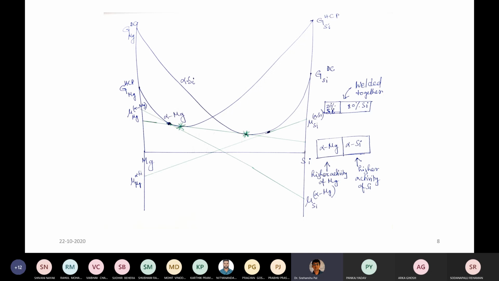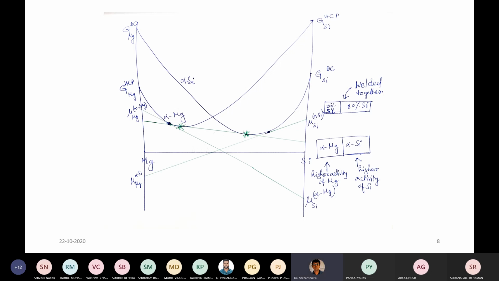On that common tangent, mu silicon in alpha silicon phase and mu silicon in alpha magnesium phase are equal, and mu magnesium in alpha magnesium phase is equal to mu magnesium in alpha silicon phase.